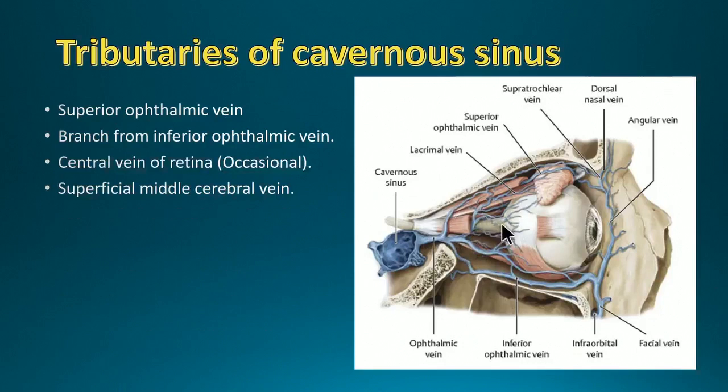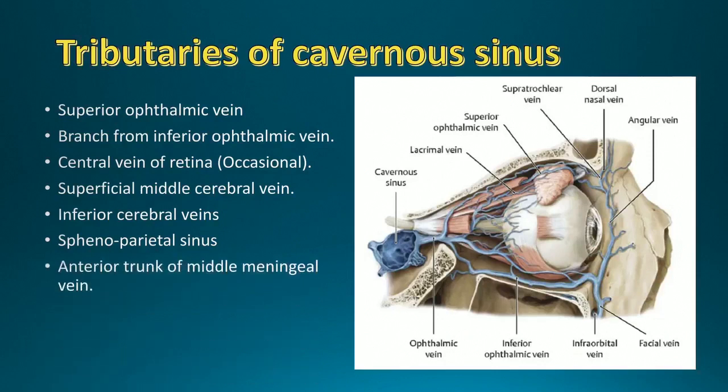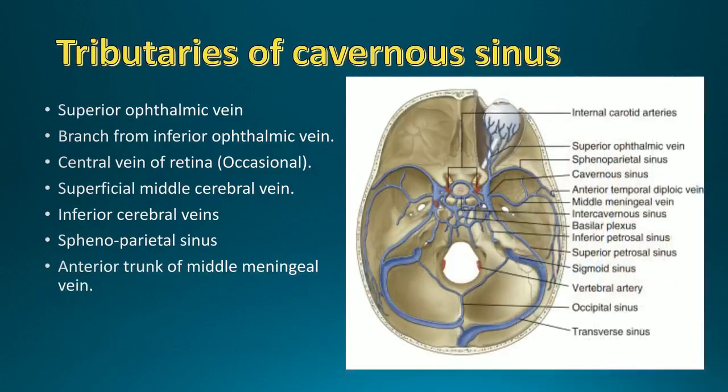So the central artery of retina you have within the optic nerve. You also have the central vein of retina, not always, but occasionally it drains into the cavernous sinus. Then a few inferior cerebral veins, and the sphenoparietal sinus, and also occasionally the frontal division of middle meningeal vein, or anterior trunk. The frontal division is also called the anterior trunk of the middle meningeal vein.